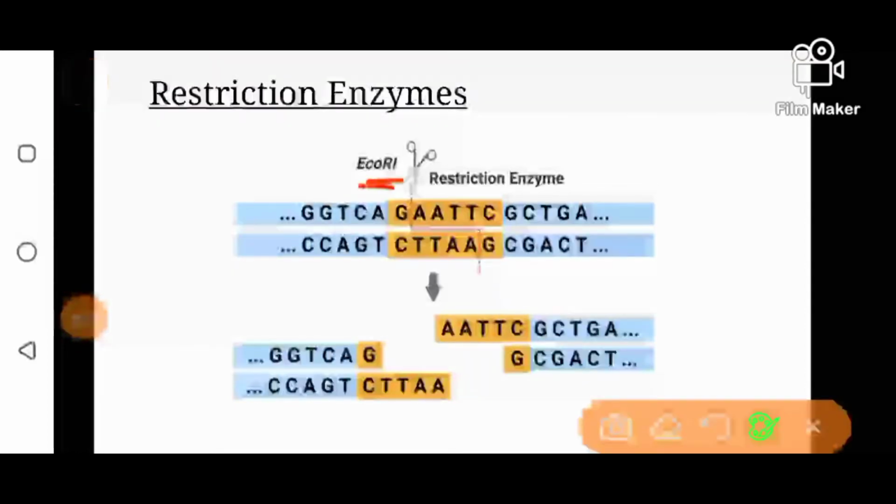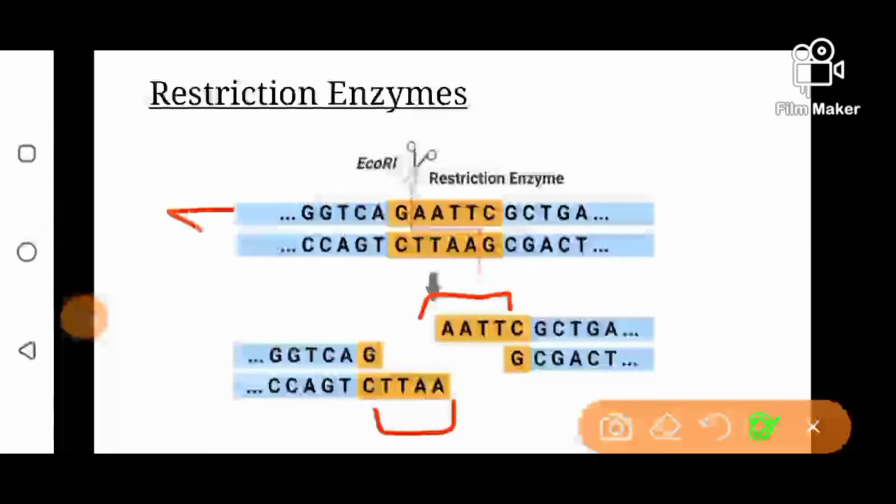EcoRI identifies the sequence GAATTC, and it cuts in between guanine and adenine. So it is leaving a 4 base overhang on both DNA strands.